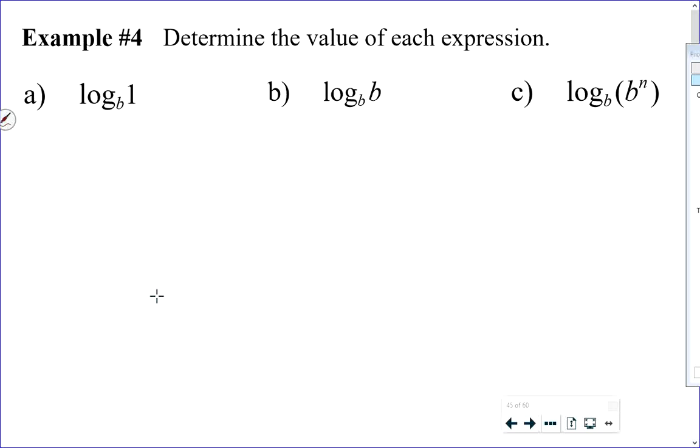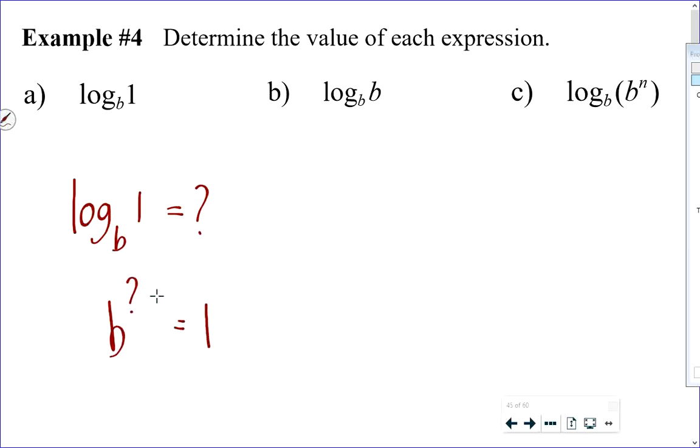So, I'm going to explain this in a couple of ways, and my hope is that it just becomes crystal clear at some point. When I look at that, I'm saying, what is this equal to? But if I change that statement to exponential form, it becomes this. Would you agree?